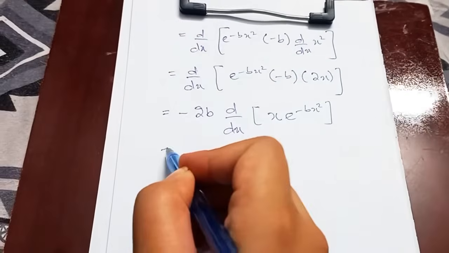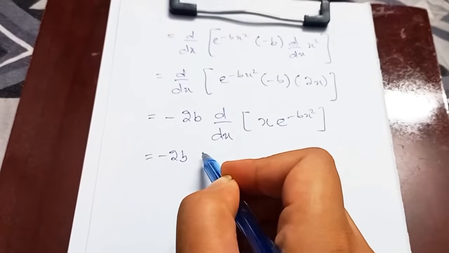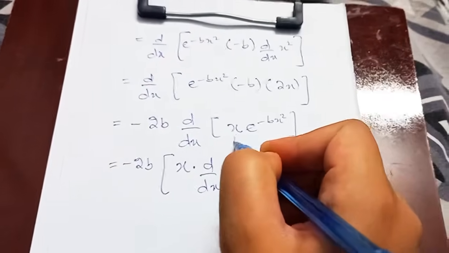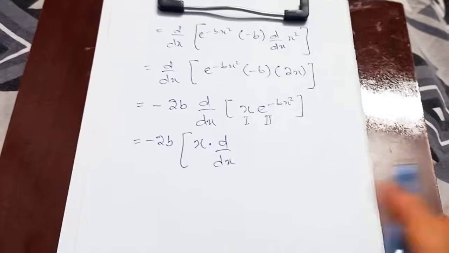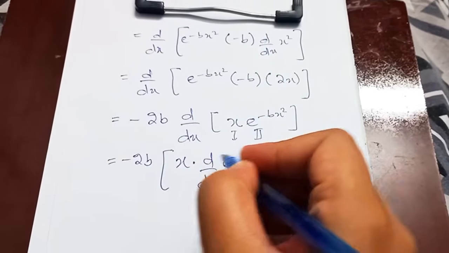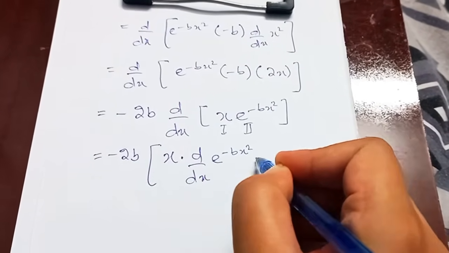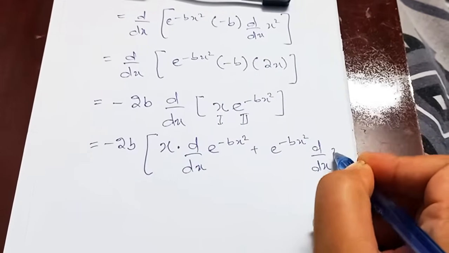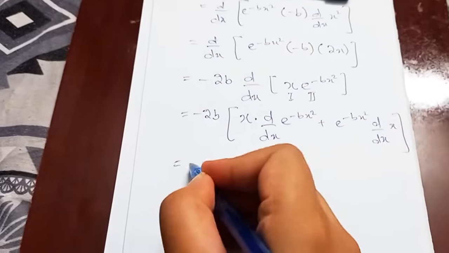Since there are two terms, we'll apply the product rule on it. x as it is, derivative of second term, this is the first term and this is the second term. So first term as it is, derivative of second term, then second term as it is, derivative of first term. This is how the product rule works.